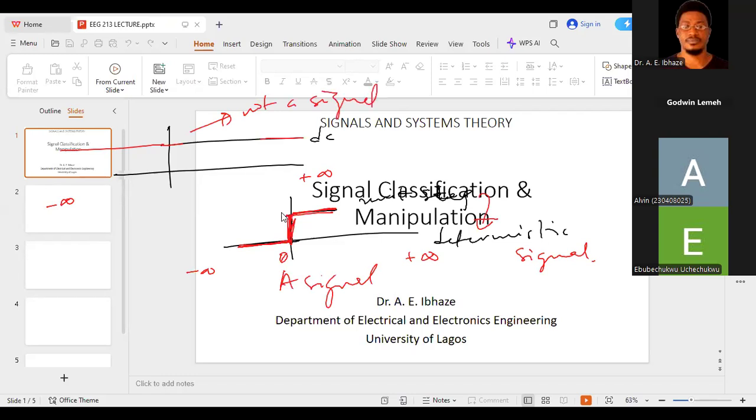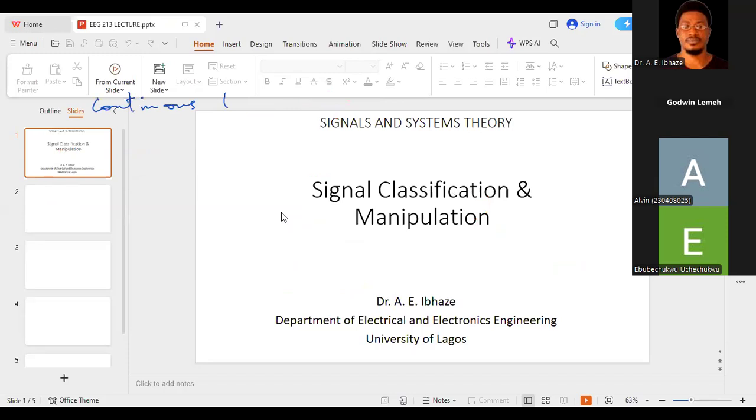So we already know that in terms of classifying signals, signals could be categorized into two broad groups, which we already mentioned: continuous time signals and discrete time signals.